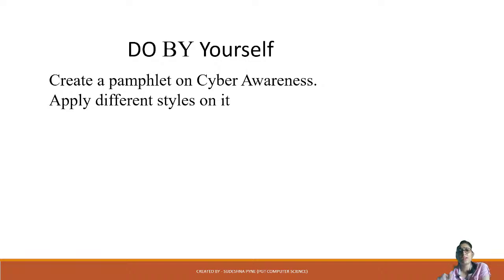From there you can download open office, and the latest version of open office is 4.1.1. So you can download 4.1.1 and use it very easily, as I am showing you in this class, in this session, step by step. If you follow my instructions and do it at home, it will be very beneficial for you.